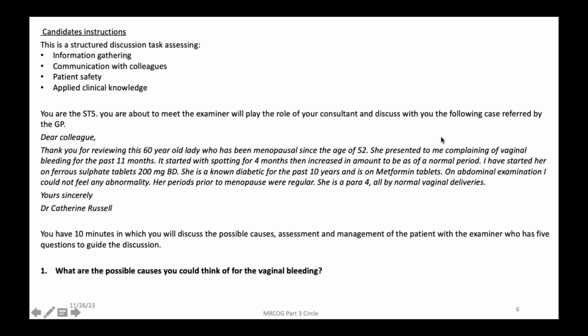It can be a foreign body or an infection, although I highly doubt that can be the reason, just given the period and the amount of the bleeding. So you're showing your knowledge to the examiner.